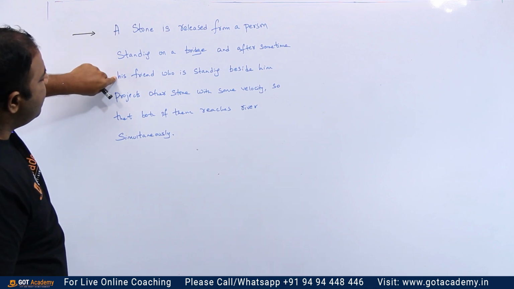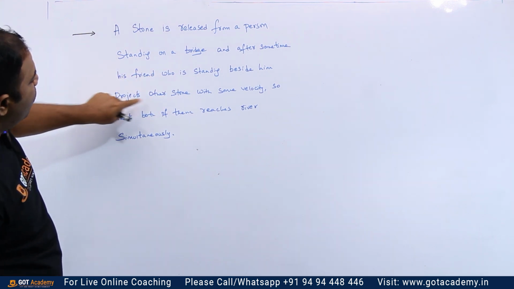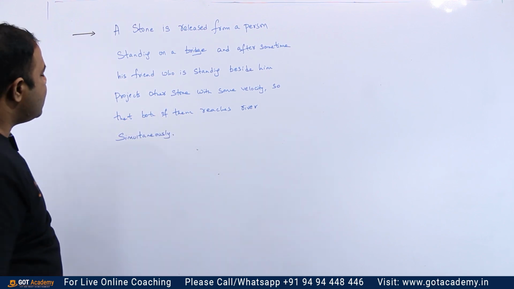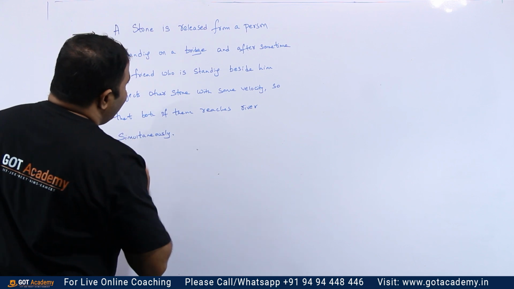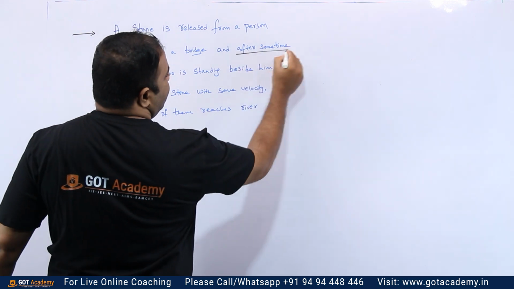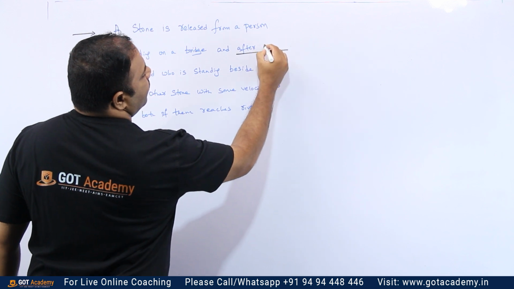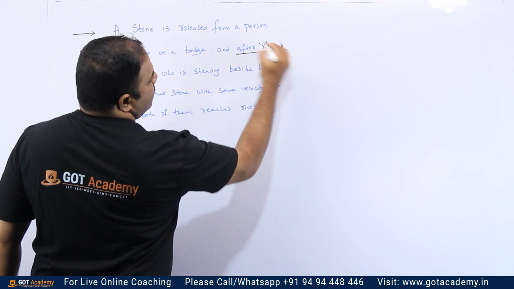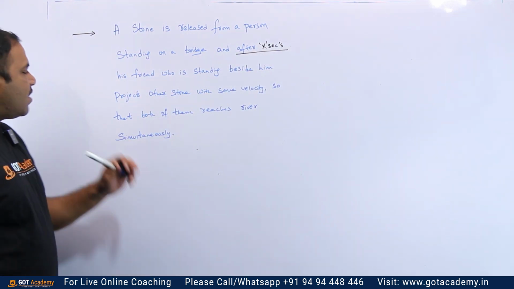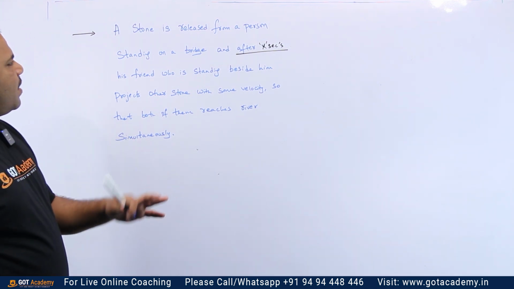After some time, let it be x seconds, his friend who is standing beside him projects another stone with some velocity, so that both of them reach the water or river simultaneously.